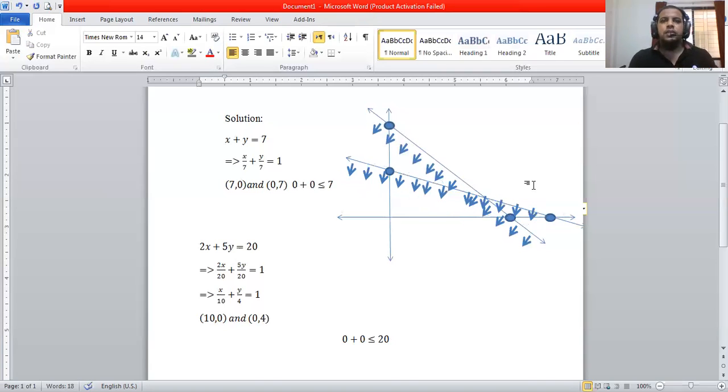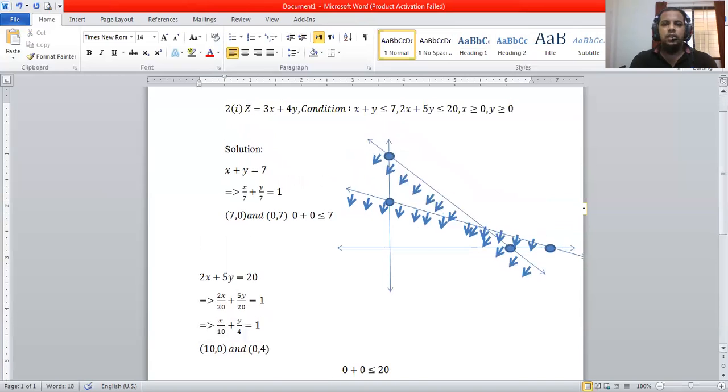Okay, towards center. Now the last conditions where x is greater than 0 and y is greater than 0. Actually, what if x is equal to 0? If I say x is equal to 0, then which line will it be?